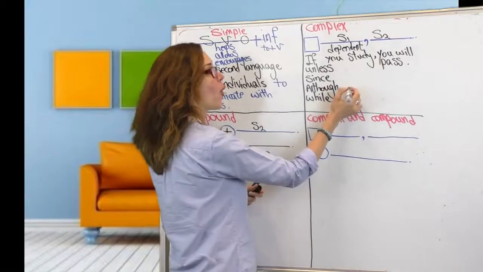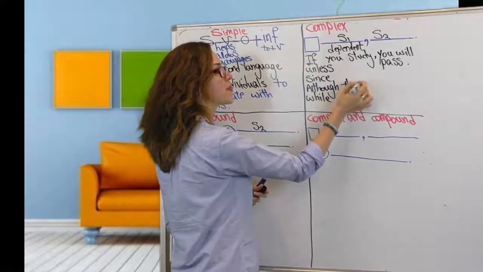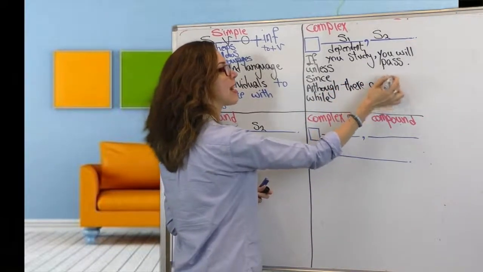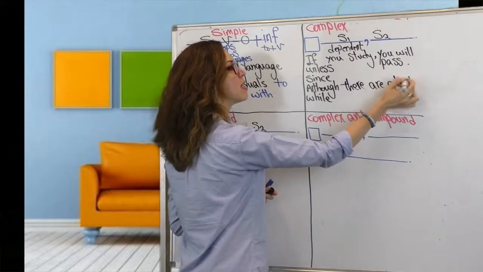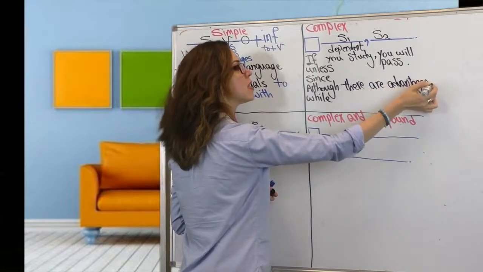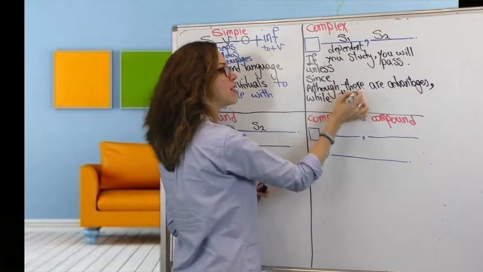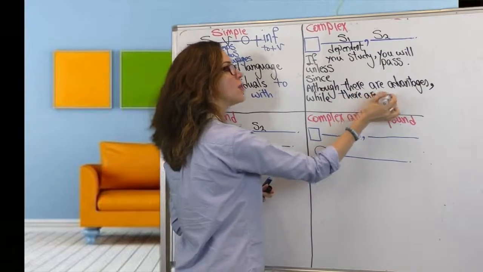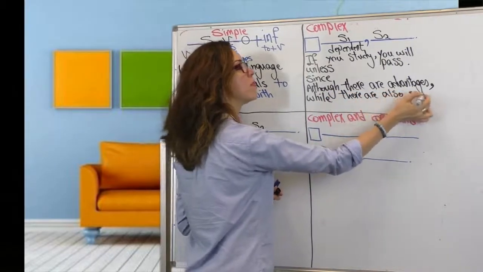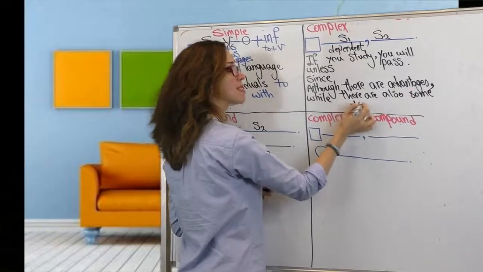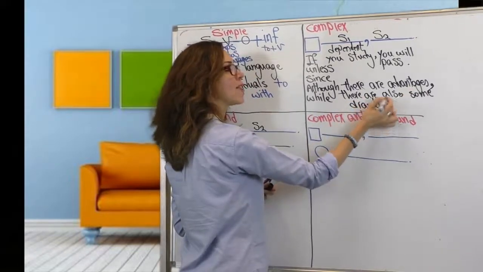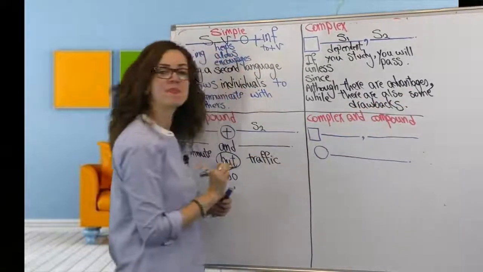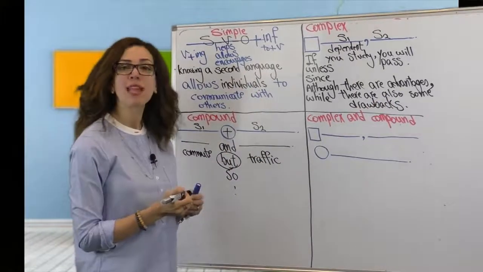So we said, although there are advantages, there are also some drawbacks. So you are familiar with this sentence. And that's our complex sentence.